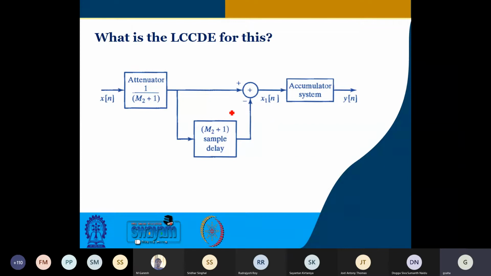If you consider the whole thing as one block, this is my input and this is my output. What do you think? IIR. Sorry? FIR.